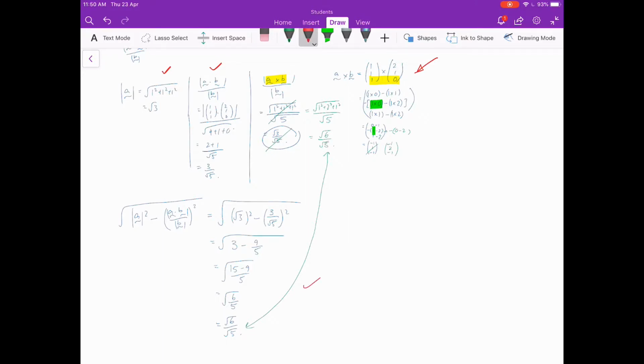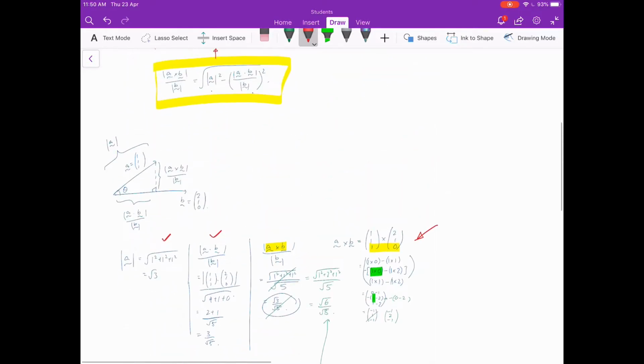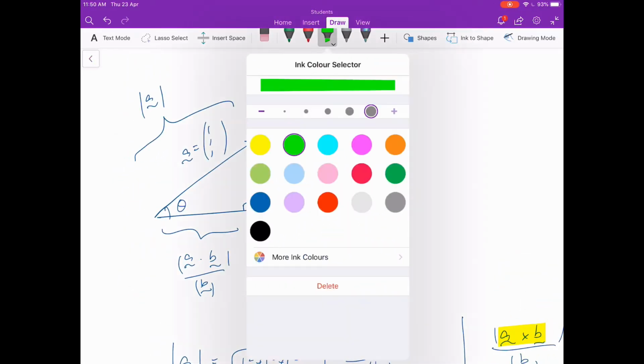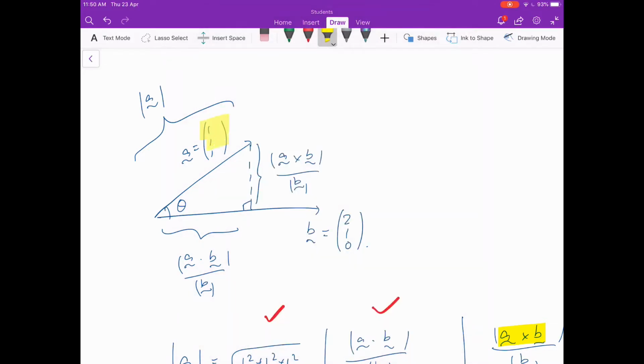Alright, you can go and try another example. Just create any two vectors that you want. Observe, these were the two vectors I chose for myself. You can choose whatever you want, and you'll see that they will make sense. If you have a bit more time, you don't even have to choose a vector.